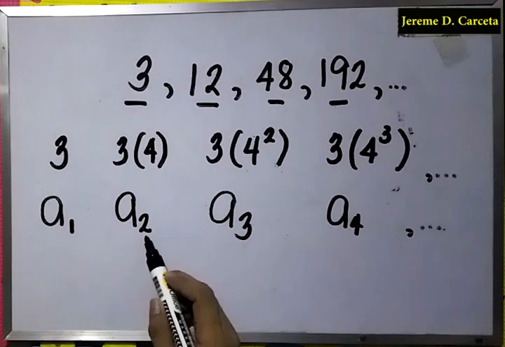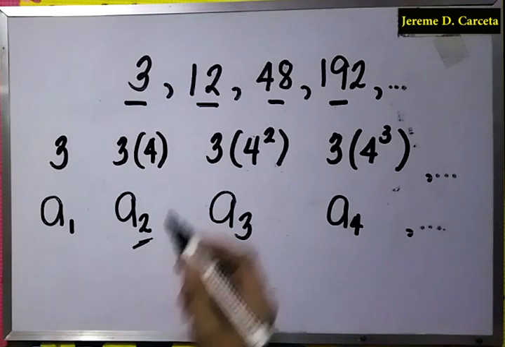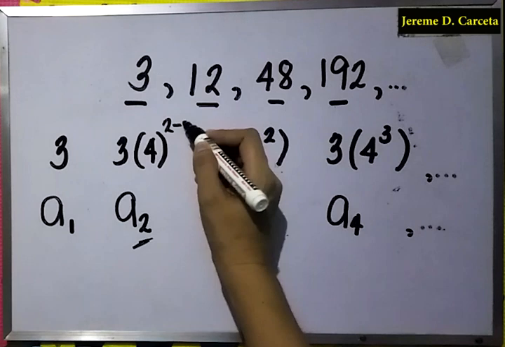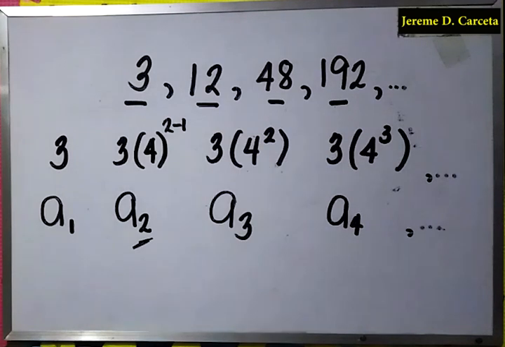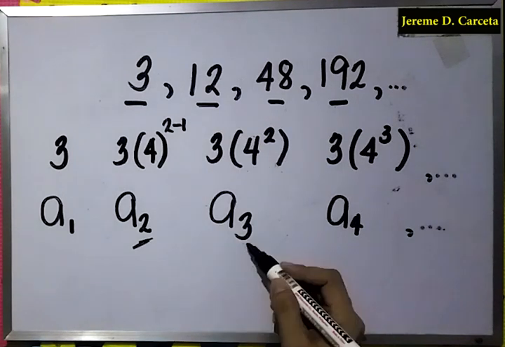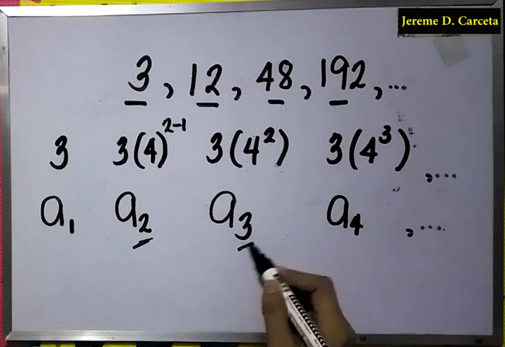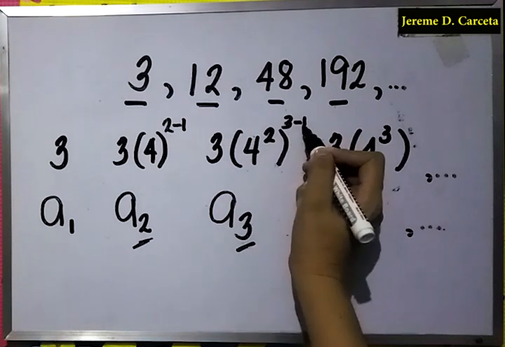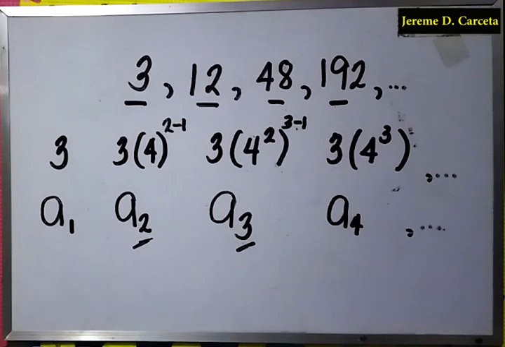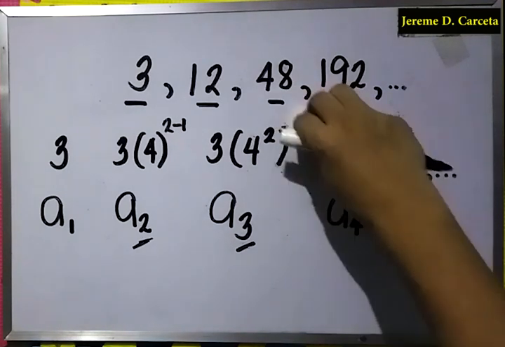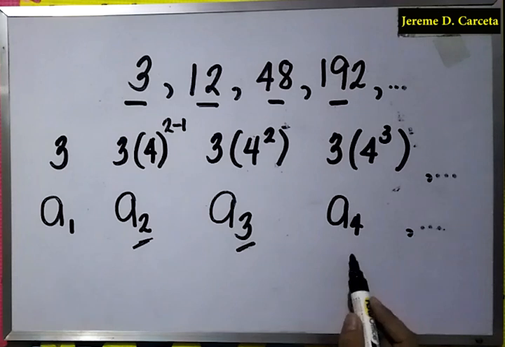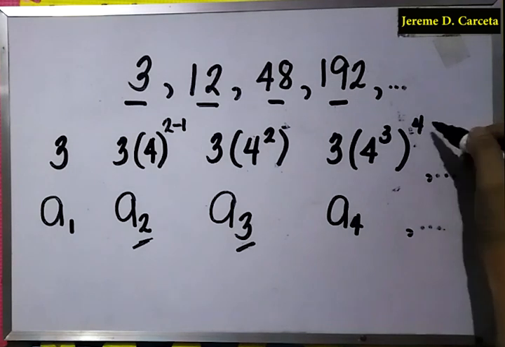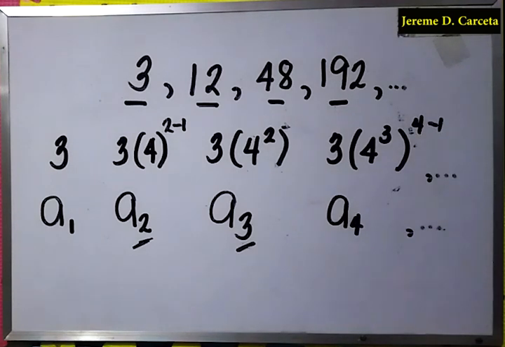If we use 2, that would be 2 minus 1, which is equal to 1. For a sub 3, this would be 3 minus 1, so that becomes 2. And for our a sub 4, we have 4 minus 1, which becomes 3.